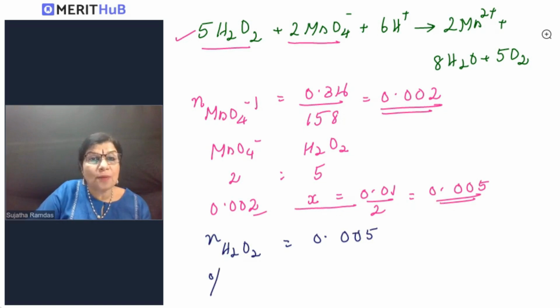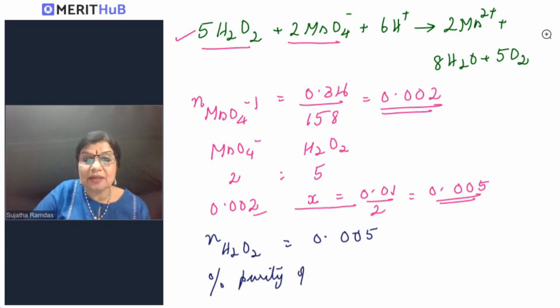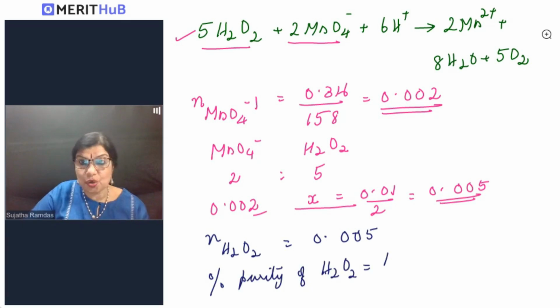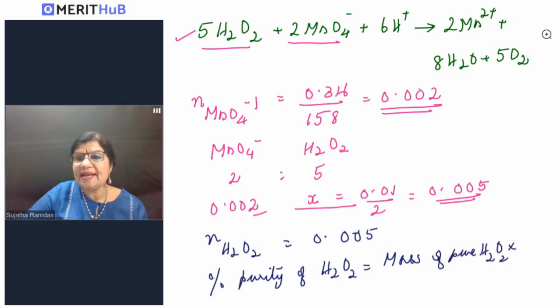Now what is the formula for the percentage of hydrogen peroxide in that impure sample, or percentage purity of hydrogen peroxide? It is equal to mass of pure hydrogen peroxide into 100 divided by the impure mass of the given sample.